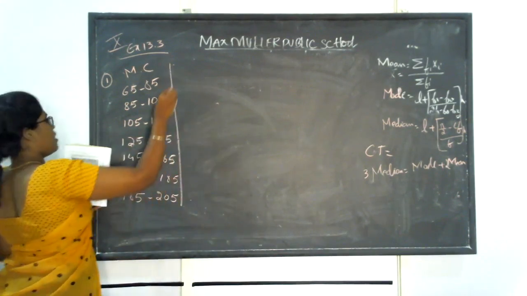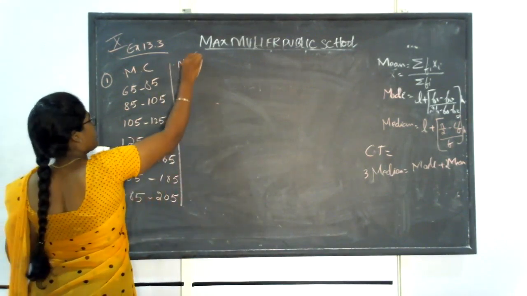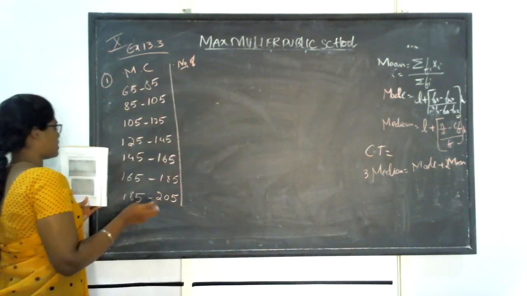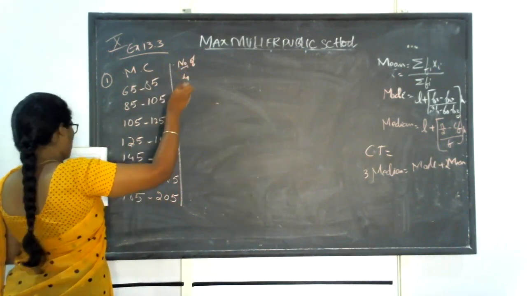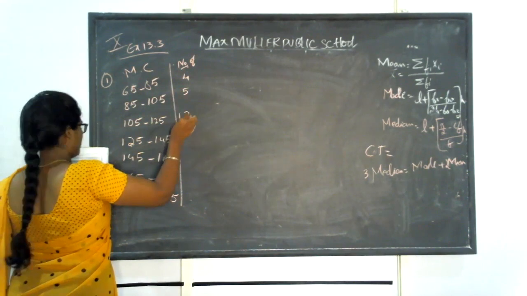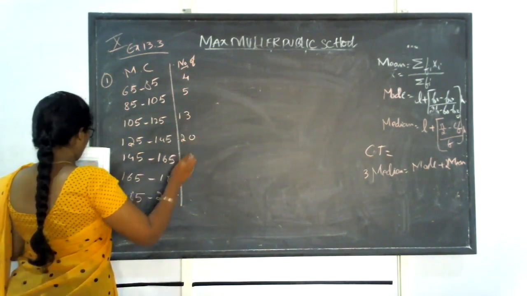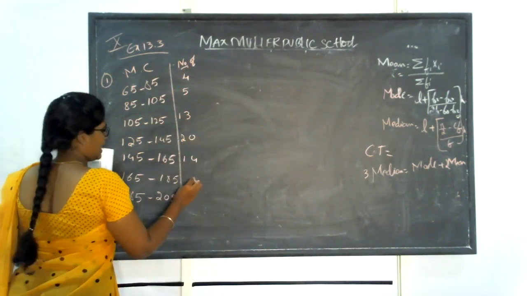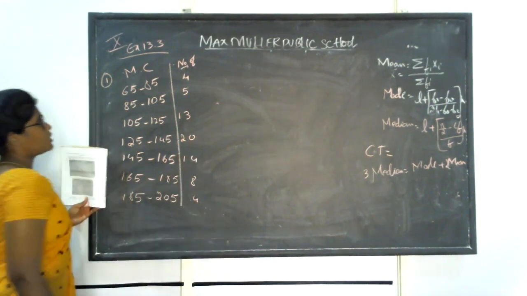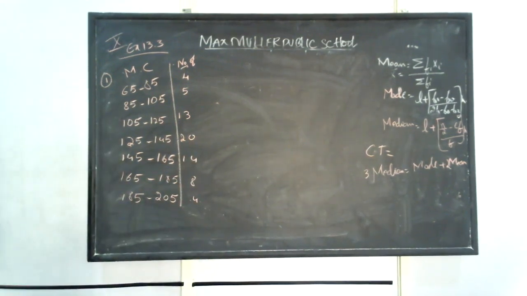Then you have the number of consumers, how many consumers will take that much of units. So it is 4, 5, 13, 20, 14, 8 and 4. This is the consumer list they have given.